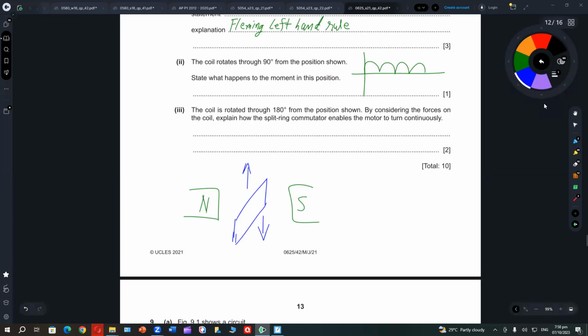When the coil is vertical, the moment will become zero, because when something is in its vertical position and the force is acting on it, the moment will be zero. So you will tell the examiner that the moment at that point will be zero. When something is vertical above the pivot, the moment will become zero.